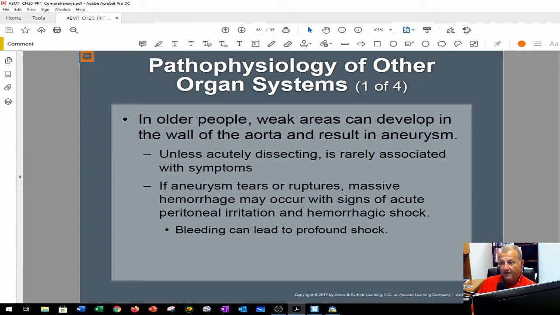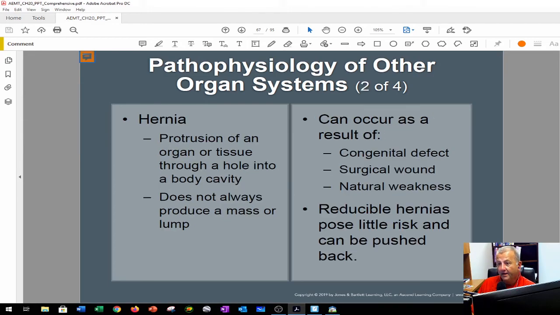You start ruling this stuff out, and you can look and tell they're really hurting, and that's when you need to start queuing in. You may have a patient who is hypotensive, but you may not. They may be compensating. That's why it's such a life-threatening deal, and that's why so many people die from it, because you can't pinpoint it. You can't say it hurts right here.